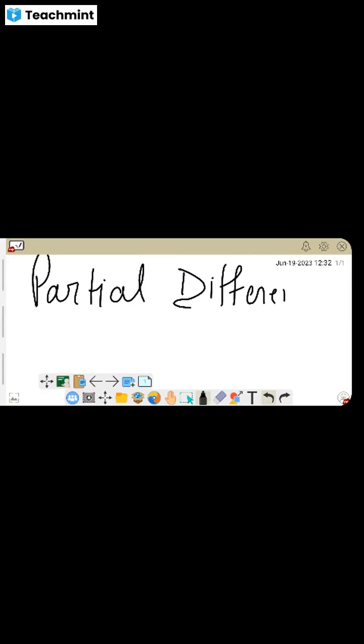Here we have a partial differential equation.